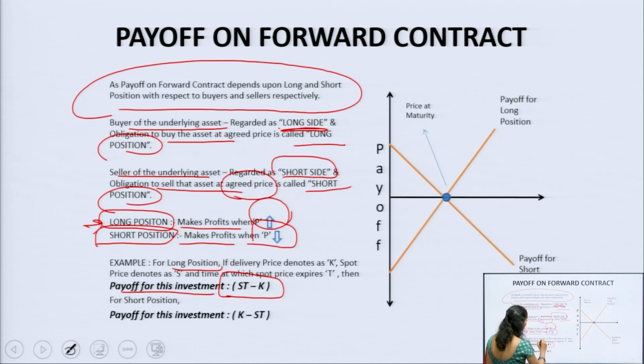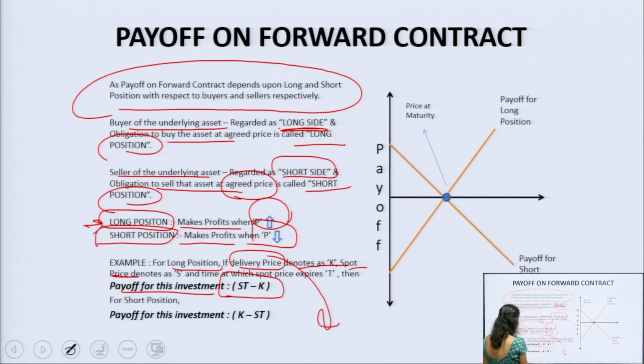This is the formula. Let the delivery price be denoted by K. What is this delivery price? Delivery price is the price you decided at the point of time when you entered into that particular contract. This is the delivery price.